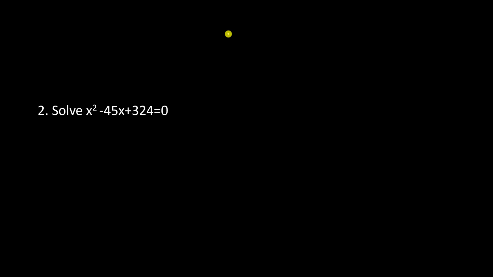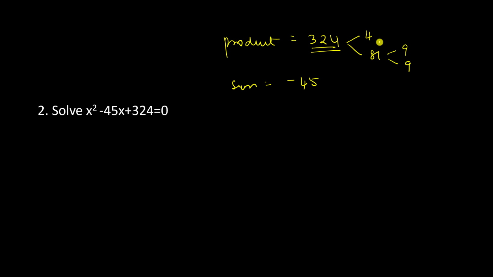You need to find two numbers whose product is 324 and sum is minus 45 in order to be able to split the middle term here. 324 could be factorized further as 4 times 81. 81 could be factorized further as 9 times 9. So 324 is the same as 4 times 9 times 9.